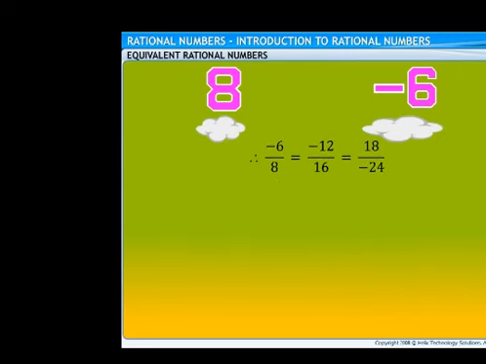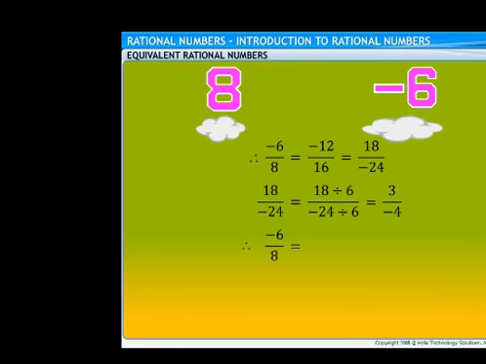Similarly, we can divide the numerator and the denominator of a rational number by the same integer to get another rational number that is equal to the given number. Dividing 18 and -24 by 6, we get another rational number, 3 divided by -4.